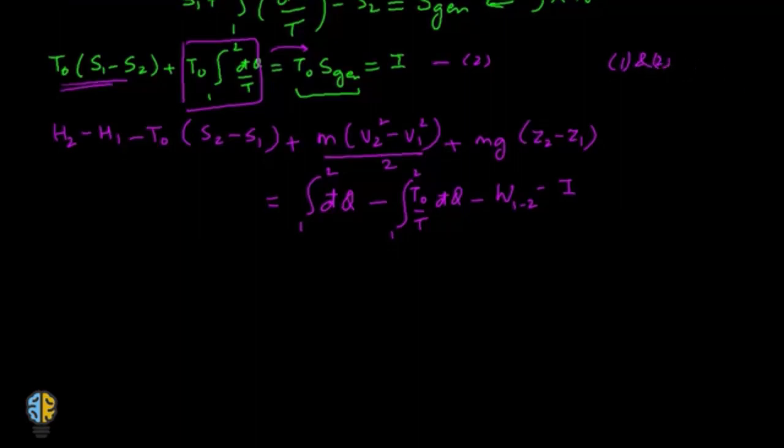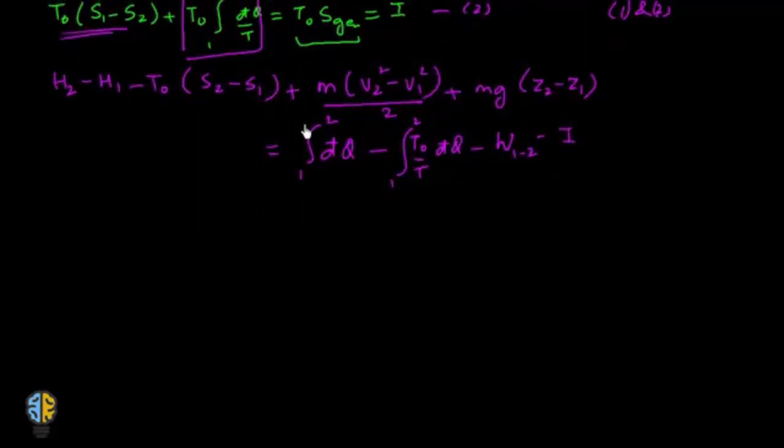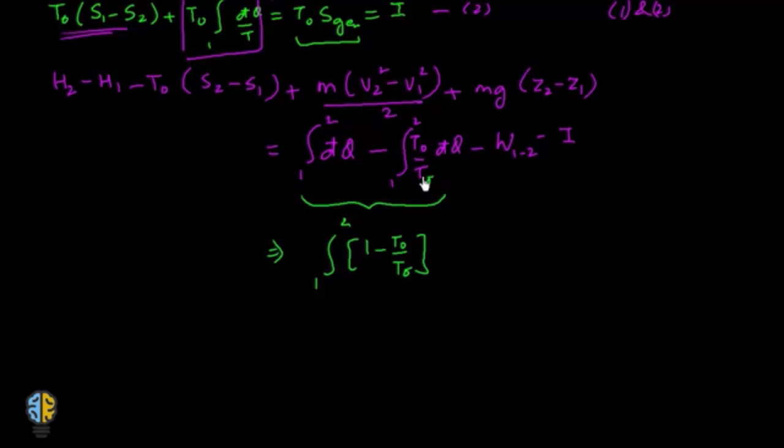Now let's move a bit forward. If you combine these two terms, it will become the integral 1 to 2 of (1 minus T naught upon T sigma) dQ, where we put T sigma because it's the boundary temperature, minus work in going from 1 to 2, minus the irreversibility.